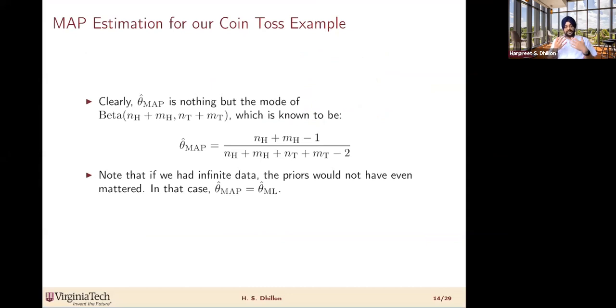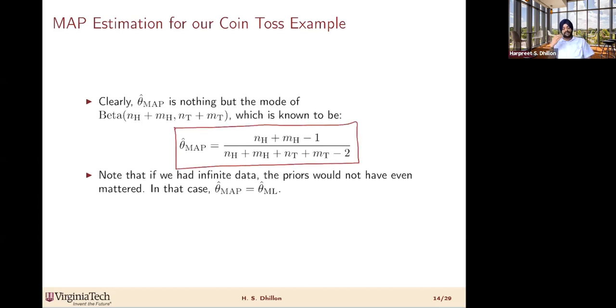Now, since the MAP estimator by definition is doing nothing but finding the mode of the posterior, and the posterior is beta, its mode is very well known. So you get your MAP estimate, which is given by this expression here.